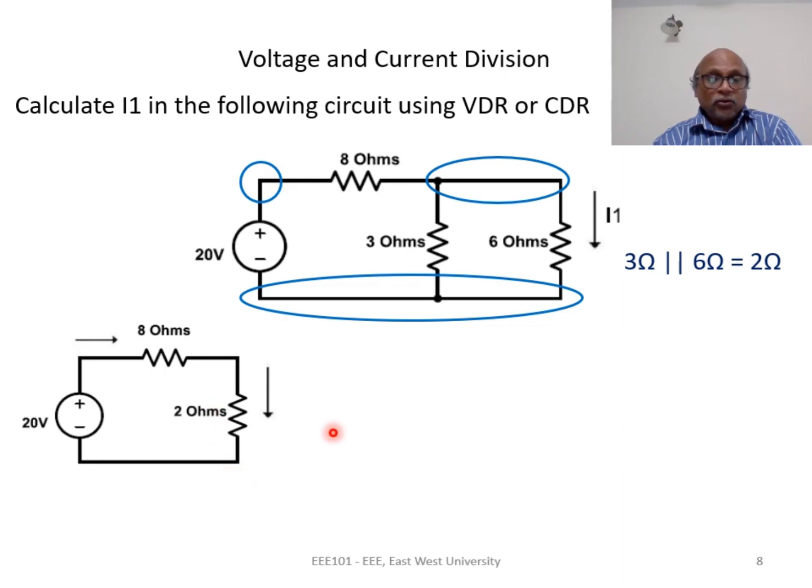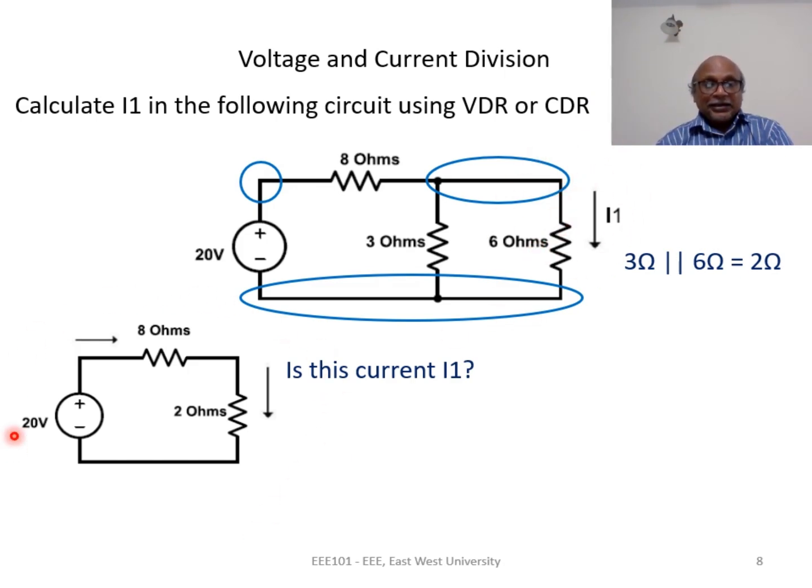Now, I have a question which is a very important question. The current through this 2 ohms, is this I1? I1 is which current? I1 is the current that is flowing through 6 ohms. When I have combined 3 ohms and 6 ohms in parallel, this 6 ohms resistance has vanished. When the resistance vanished, the associated current also vanished.